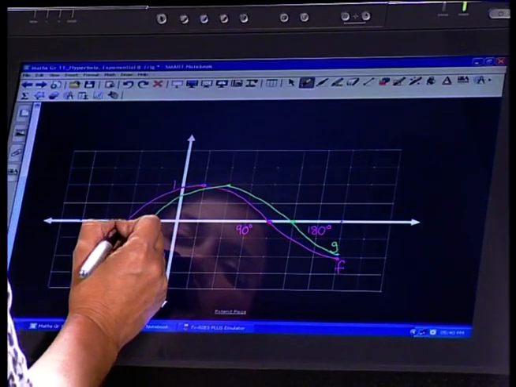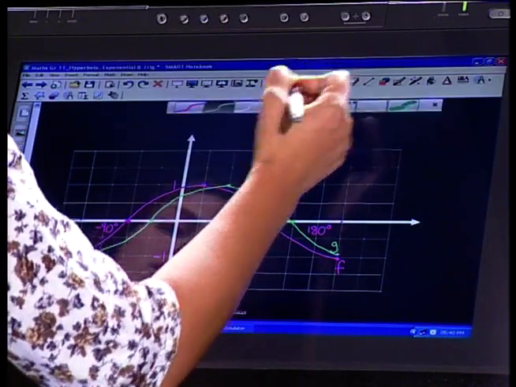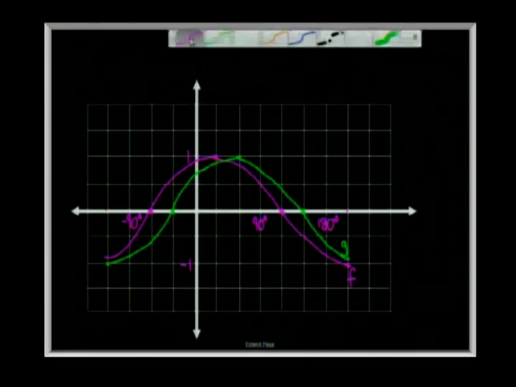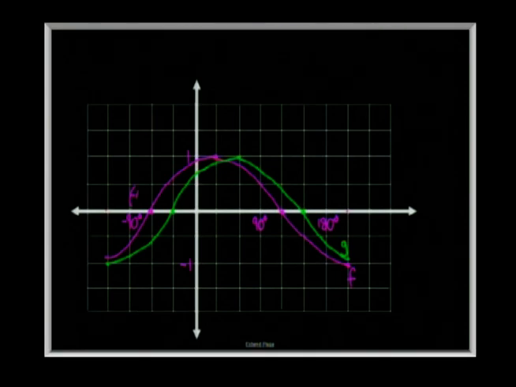So we went through at -60 degrees. Let's label it: -60 degrees and 0. And we went through at 120 degrees. So let's label that point: 120 degrees and 0.